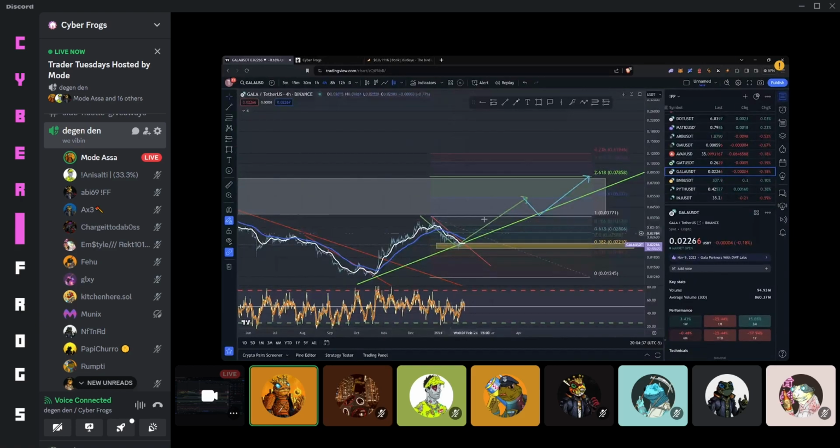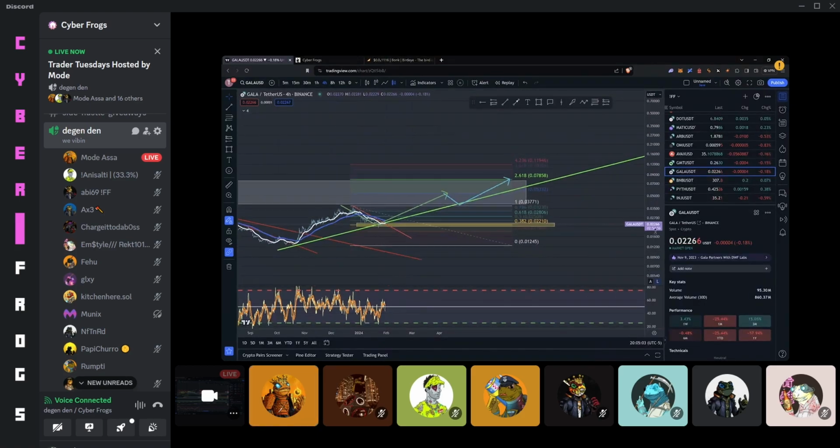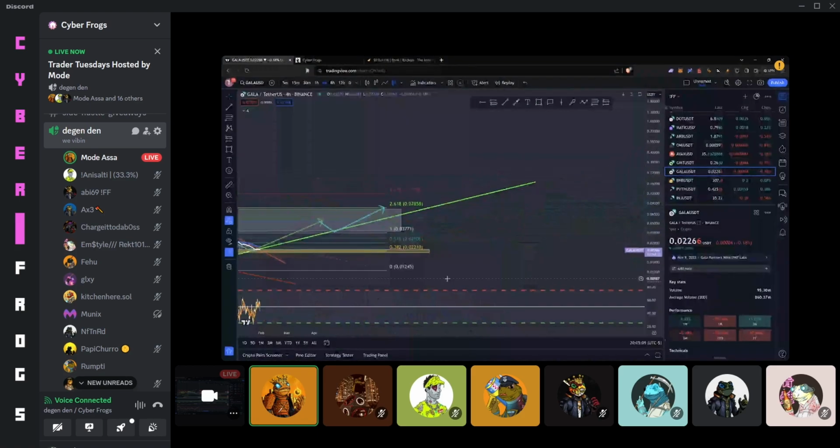But if things hold and things are bullish, I think we could see an easy 250% out of Gala. 130% just to the next, and then 250 before we really decide which direction we're going to head with it. But that's if it holds this support, which is kind of a big if with the way the market's moving right now.